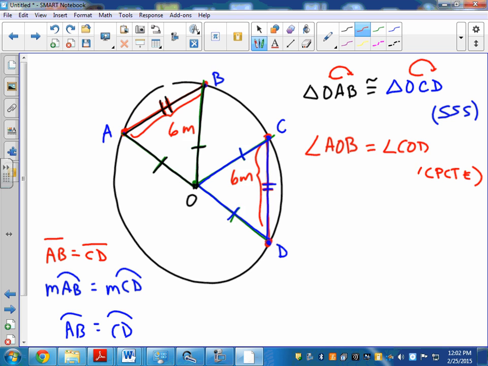We know that. And so if we mark that in the picture, and I'll use green to do that, AOB is this one, and that's going to be congruent to COD, which is this one. These are both central angles. So if the angles are the same, then the arcs have got to be the same. That's what we said down here. Okay, angles the same, arcs the same.